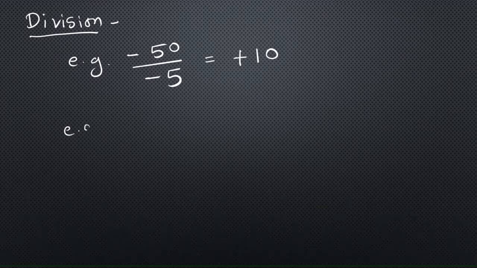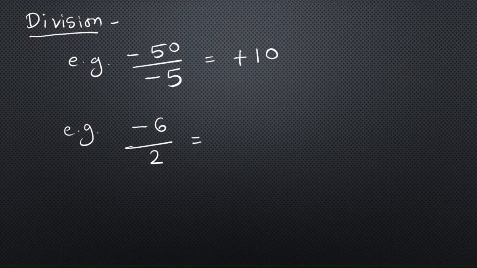Let's have another example. Minus 6 divided by 2. So 6 has a minus sign but 2 has a positive sign. Here in front of 2 no sign is given, meaning it is positive. The signs are not equal, so a negative sign comes here, and 6 divided by 2 is 3.